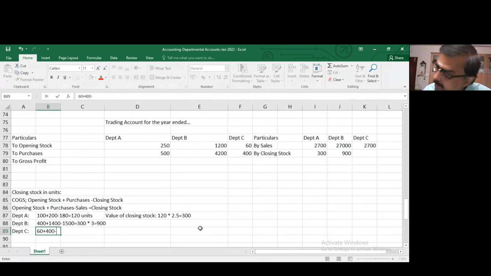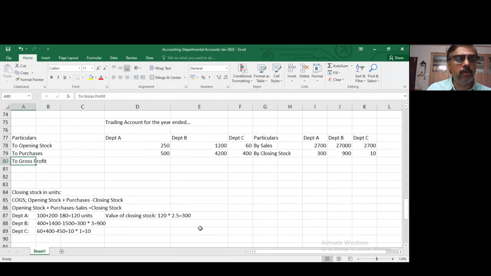Minus sales quantity of department C, 450. Ten. Very good. 1 rupee per unit, so closing stock is 10 rupees. Closing stock of department C is 10 rupees.